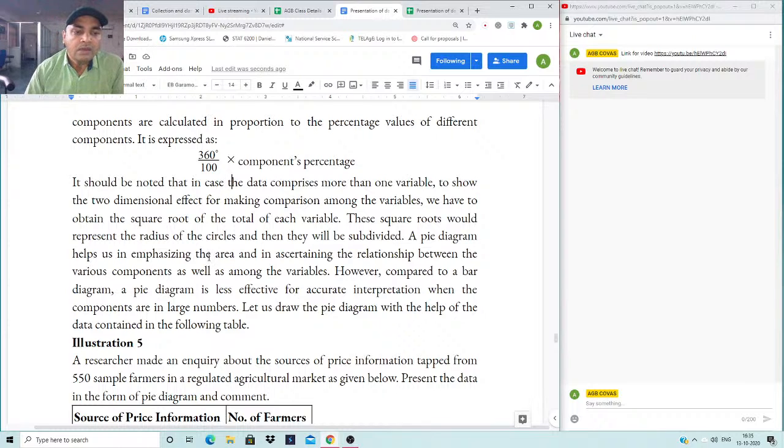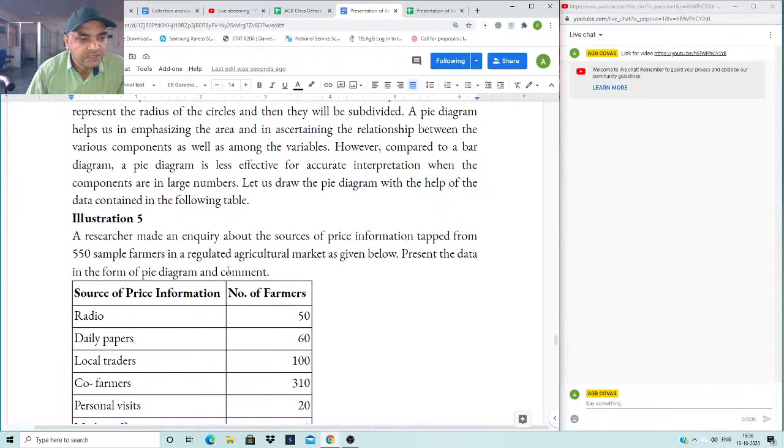I'm not illustrating this here, because we have taken only one dimension, not two. If we want to show a two-dimensional pie diagram, then along with the degree, you can also compare the radius of the circles to show which one is bigger. Okay, so this is illustration 5.